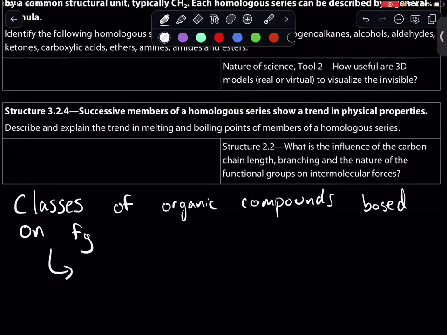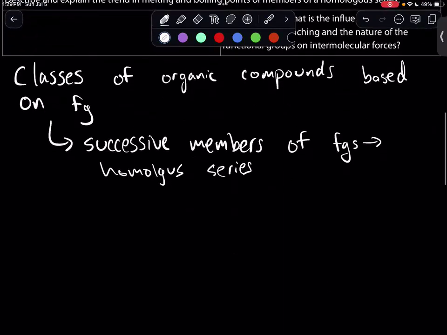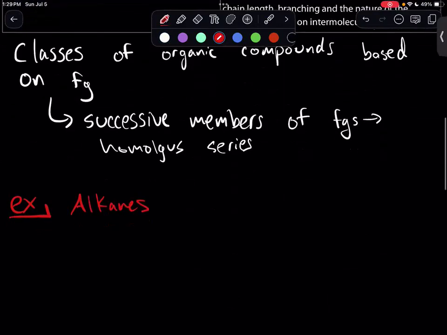Furthermore, when we have successive members of functional groups, we call that a homologous series. So one of the most classic examples of this would be the alkanes. So we'll look at some alkanes right now.